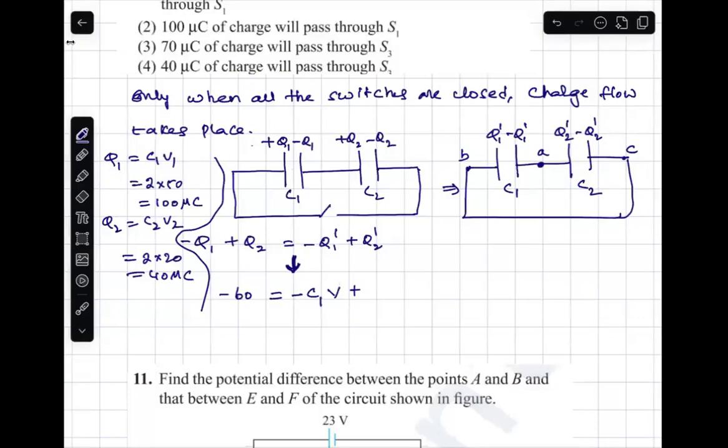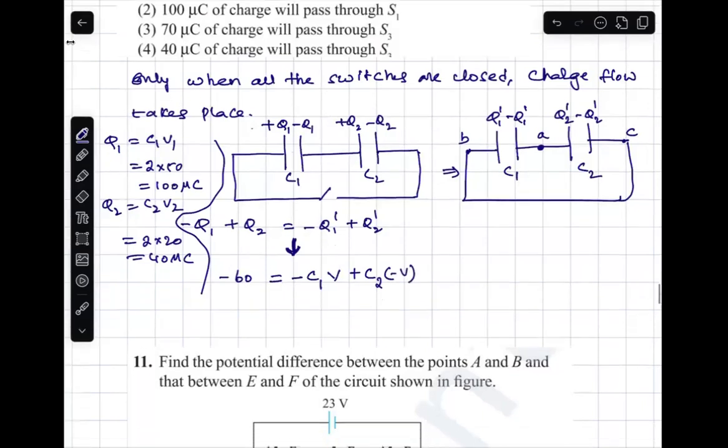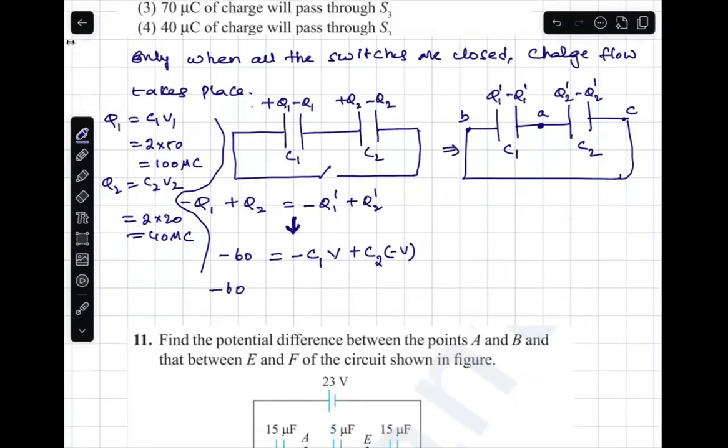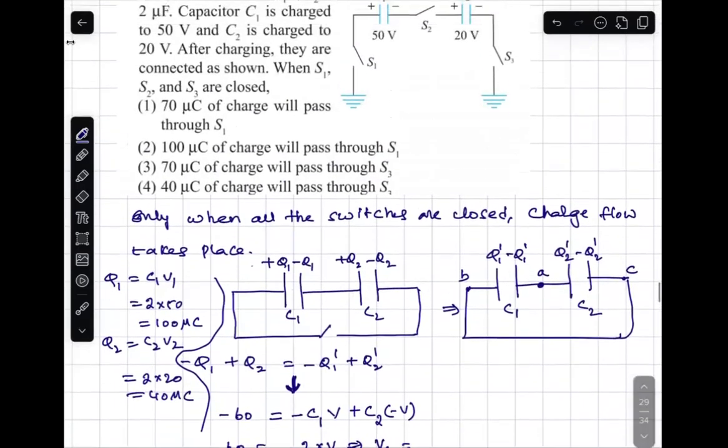A is the lower side means actually whatever that I am feeling, minus, actually I should write like that. So therefore, minus 60 is equal to, fortunately, both are same capacities. So minus 2V.